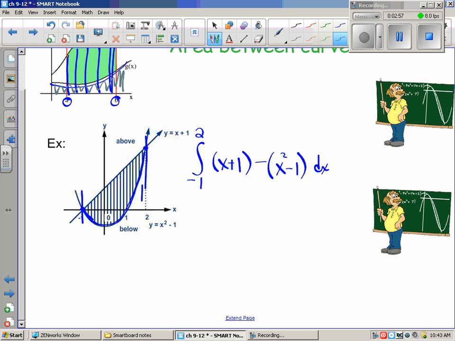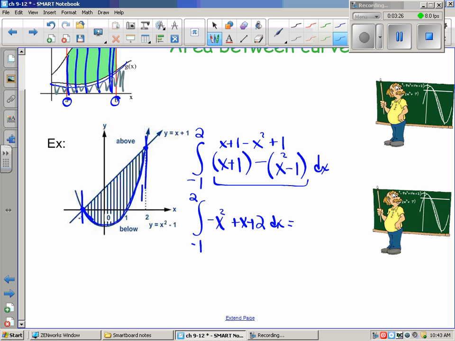Again, as I pointed out in the beginning, instead of finding them individually and combining their answers, I can simplify the whole thing. I've got x plus 1 minus x squared plus 1, so I've got negative x squared plus x plus 2 dx, and do that integral. That's in essence what I'm going to do.